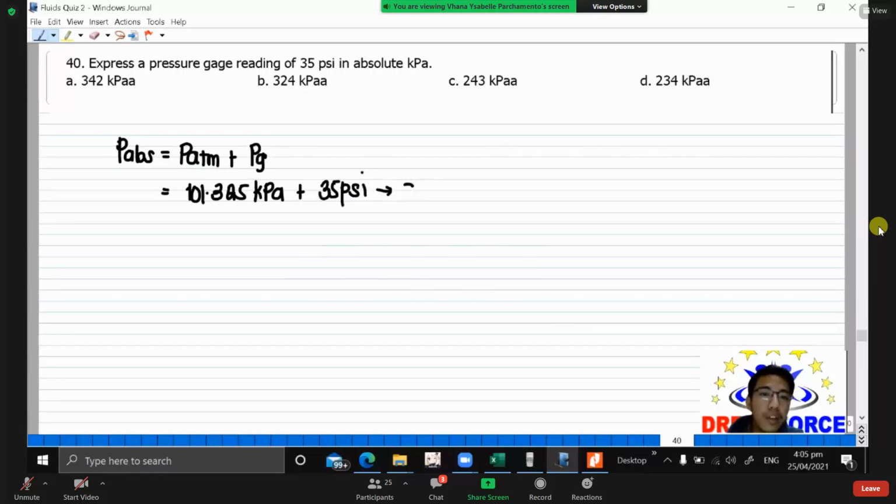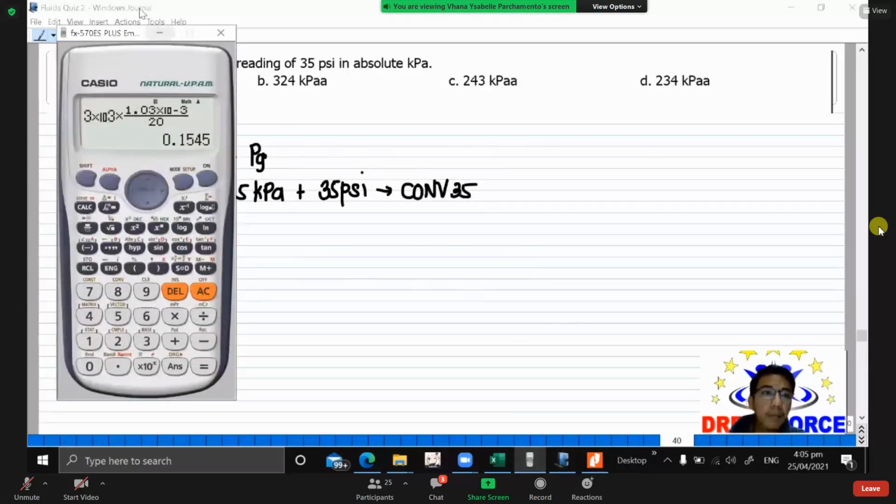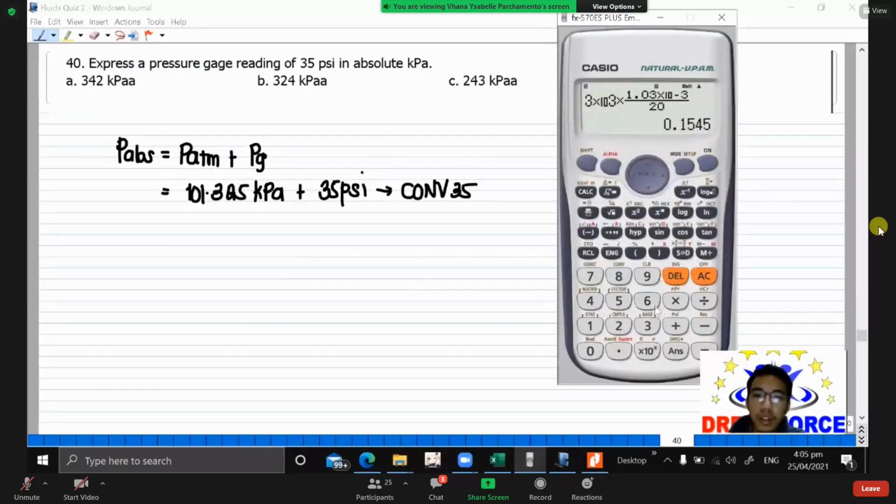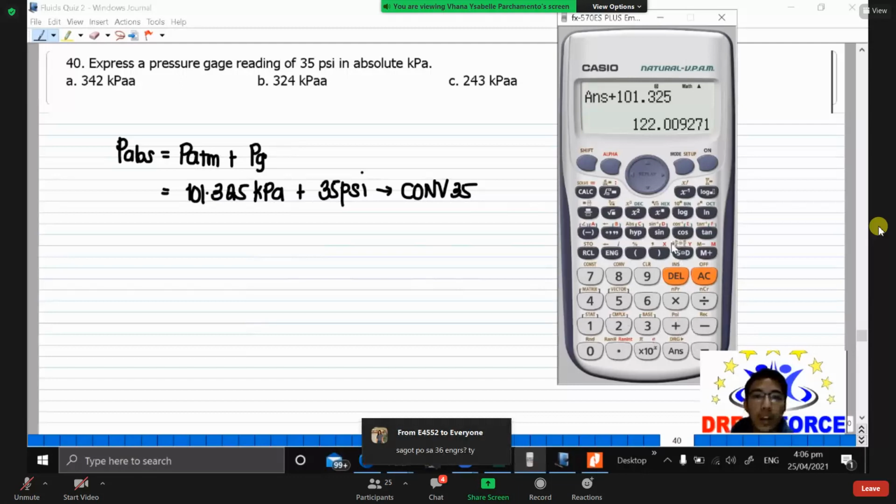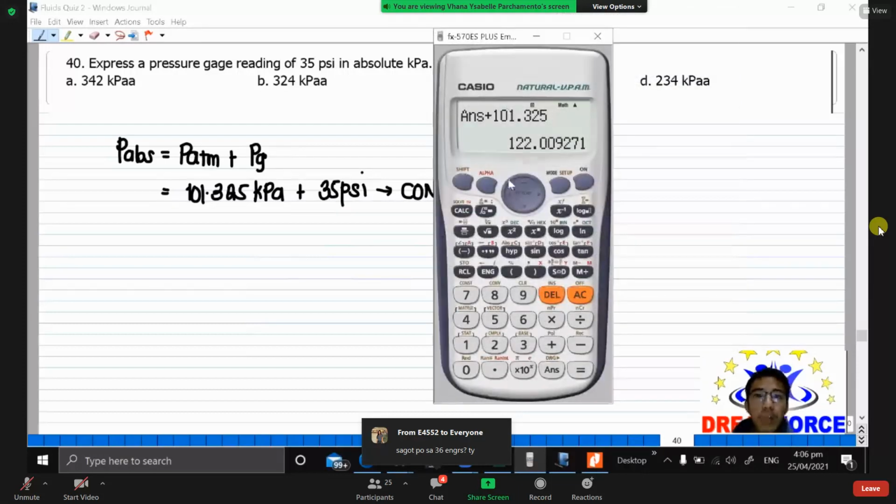Yung PSI, pwede mong i-convert yan using your conversion. Ayan. That is 35 pounds per square inch. Na kilopascal na yan. Then plus na lang natin ng 101.325. Ay, sorry.